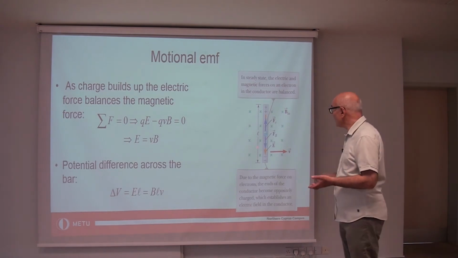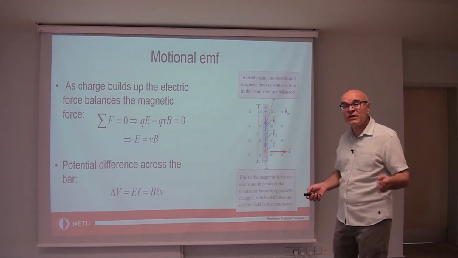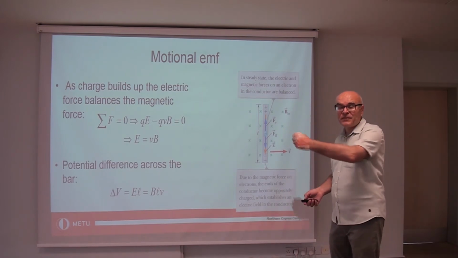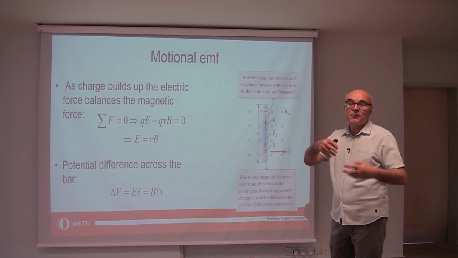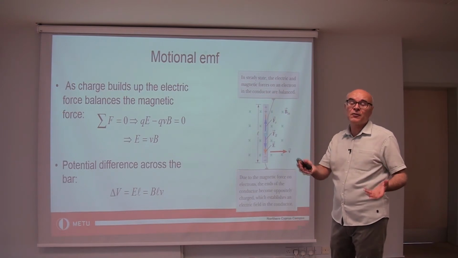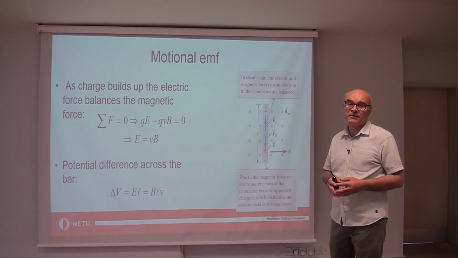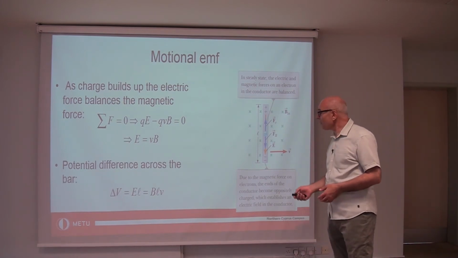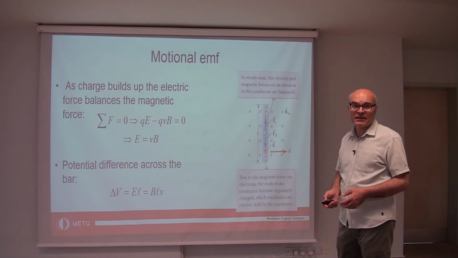Okay? So this is a general situation. Whenever you move any conductor in a magnetic field, there will be a potential difference generated across that conductor due to the presence of the magnetic field.